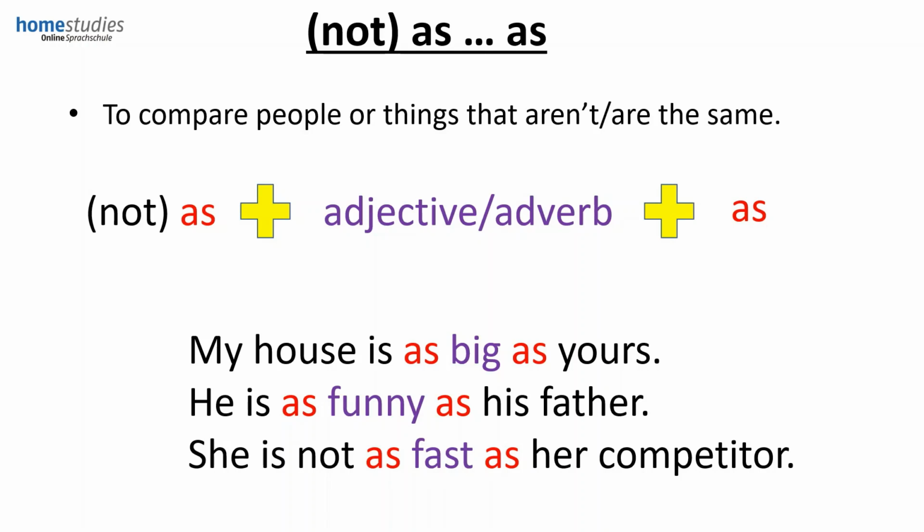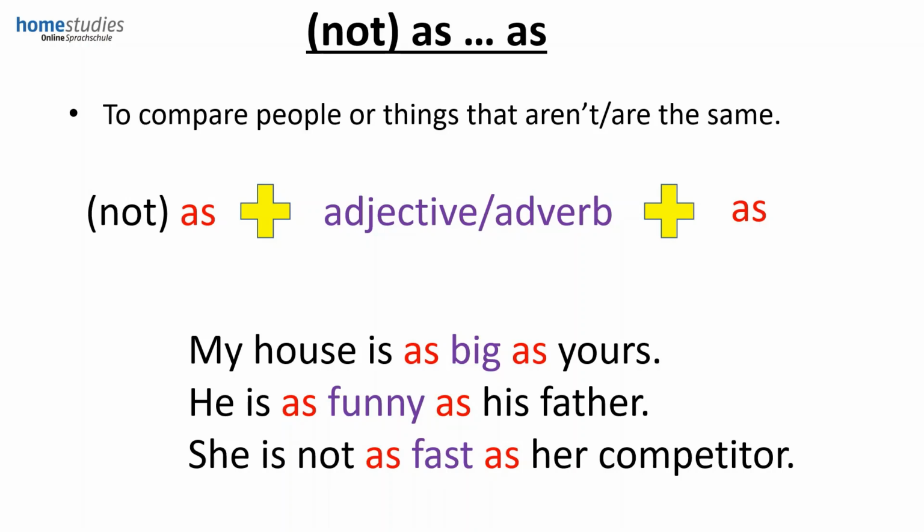So here we're using as, big is the adjective, and as. So in this sentence, my house is as big as yours, the houses are exactly the same size. Also in the next example, he is as funny as his father. Here, the son is as funny as his father, so they are both funny.